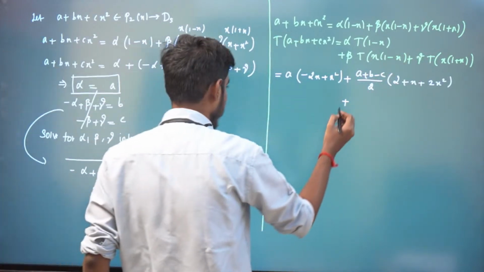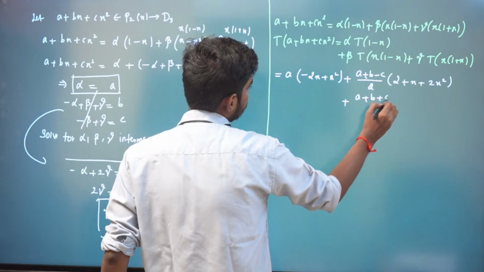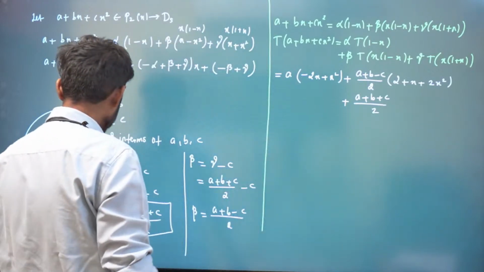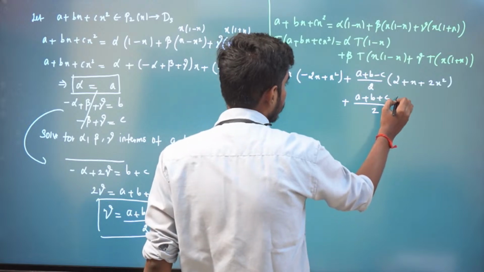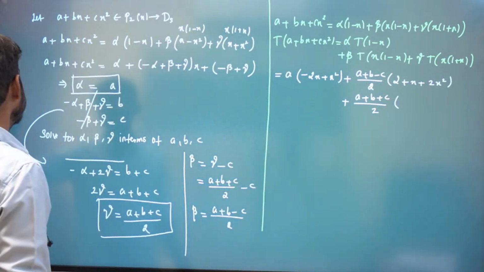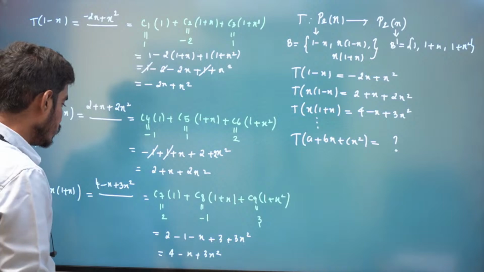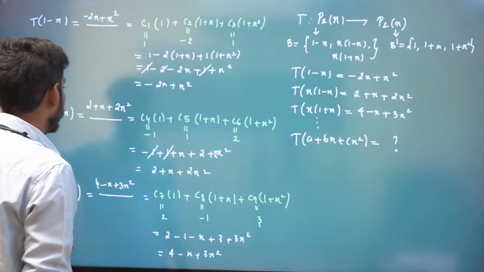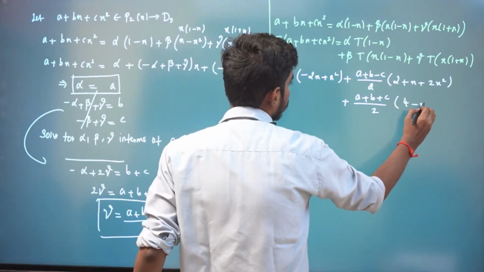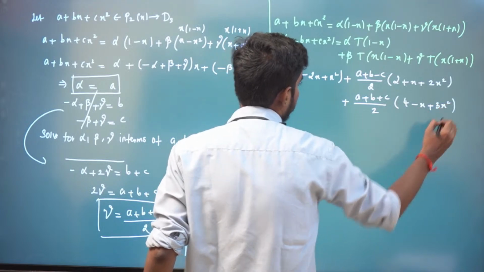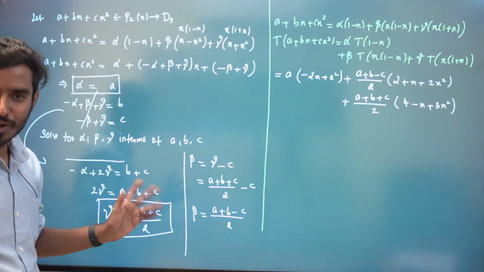Gamma is (a plus b plus c)/2 times what is T of x(1 plus x). T of x(1 plus x) is 4 minus x plus 3x square. That's it. We are going to find the map.